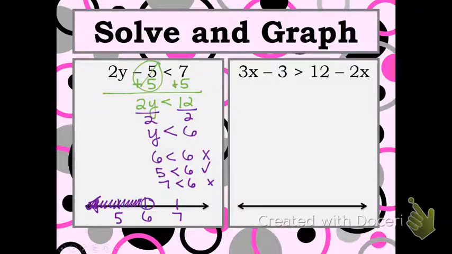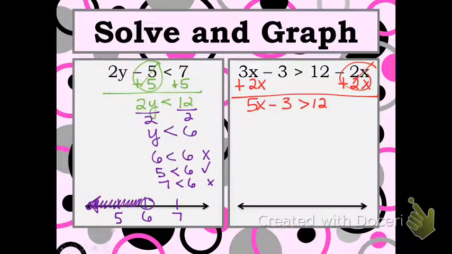One last example here. Now I have variables on both sides. Just like I did with equations, my first step in this case would be to rearrange the equation so that all of the x's are on one side of the equation. In this case, we're going to add 2x to both sides. And then we want all of the constants on the other side.